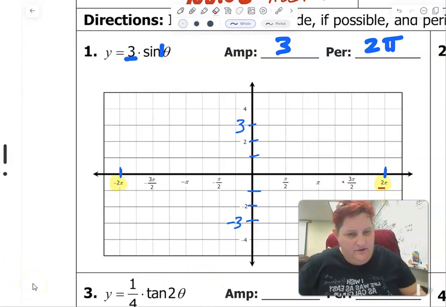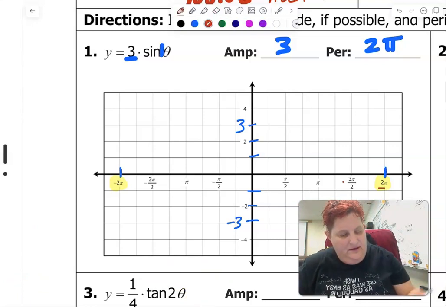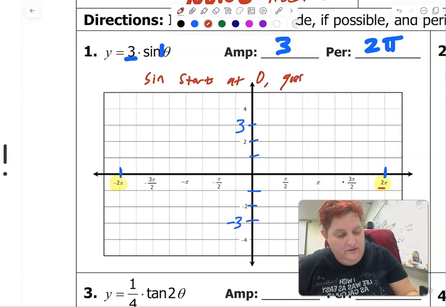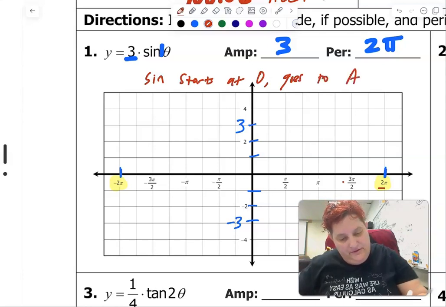Once you have the amplitude and the period set, remember sine starts at 0 and goes to whatever A is. So this graph would start at 0 and go to 3, 0, -3, 0.